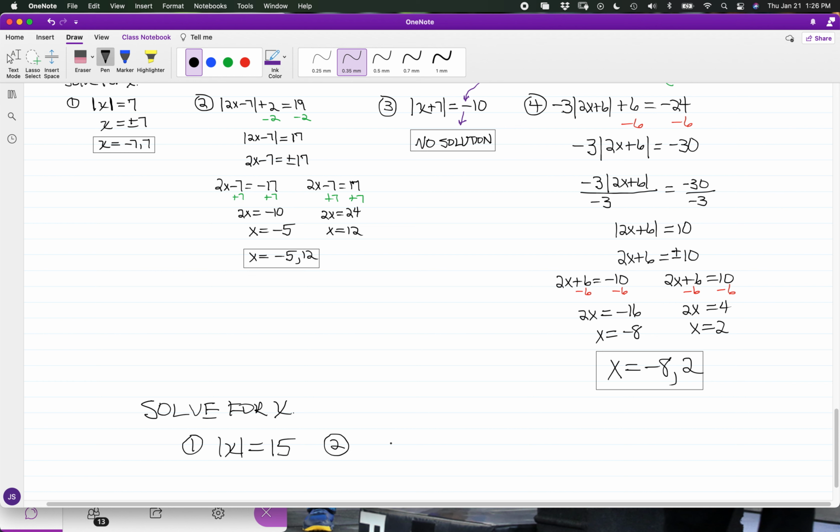And we'll say we have the absolute value of 3x plus 4 is equal to 10.